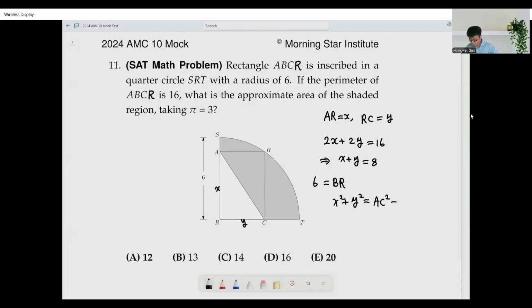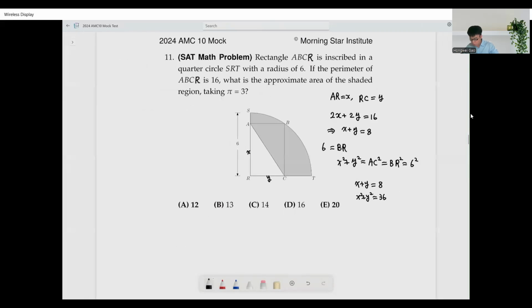On the other hand, it's also BR squared, which is 6 squared. That is 36. So now we have the following equations. X plus y equals 8. X squared plus y squared equals 36.